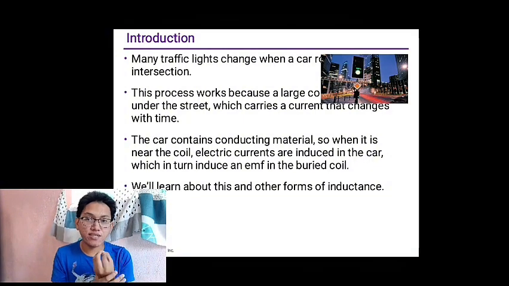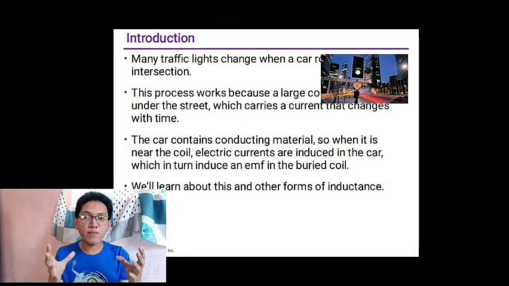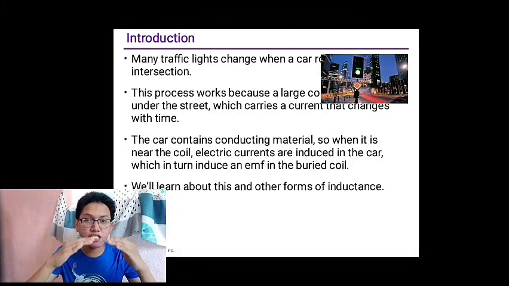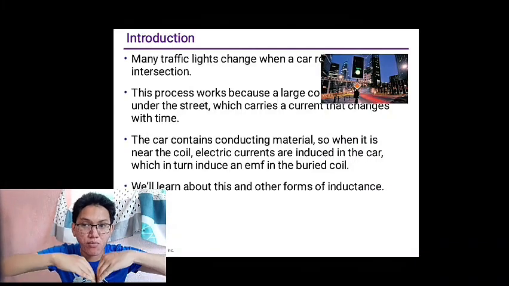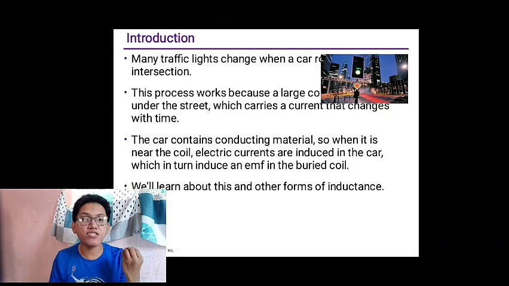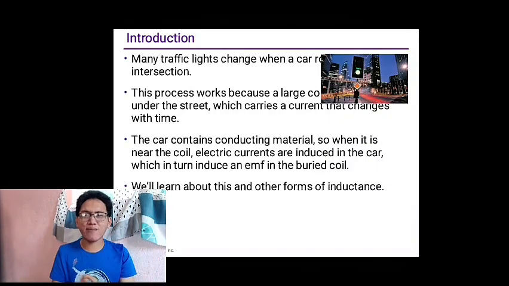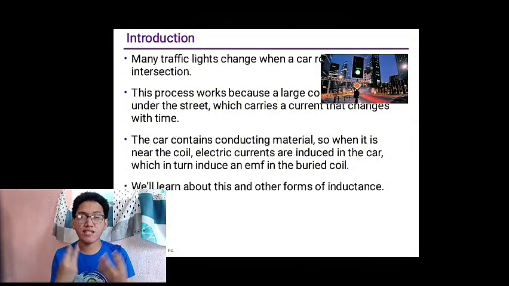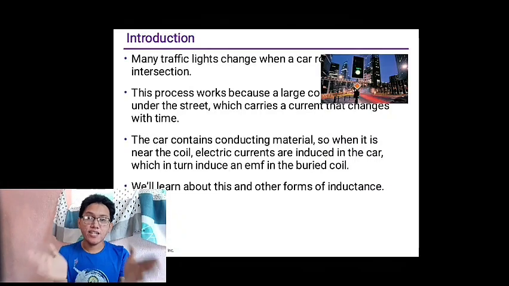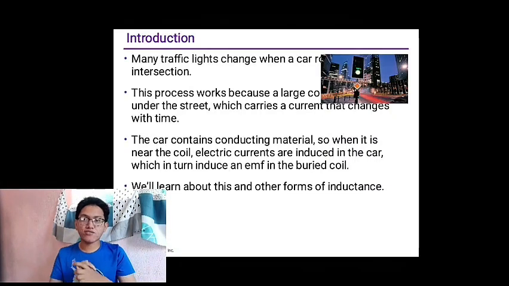These induced currents then create their own magnetic fields, which in turn induce an EMF in the coil, signaling the traffic system that a car, this conducting metal, is present. So this is a good example of inductance, which involves conducting materials and the electric currents induced in the cars, which is essential for these traffic lights.